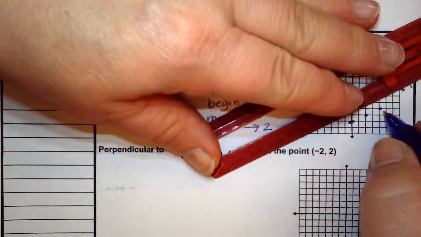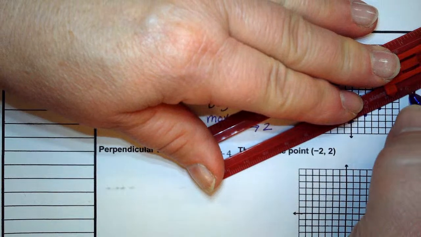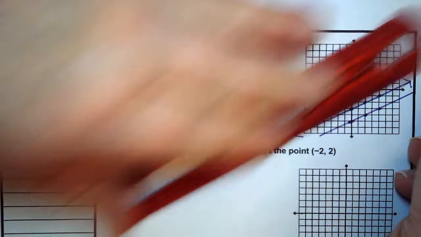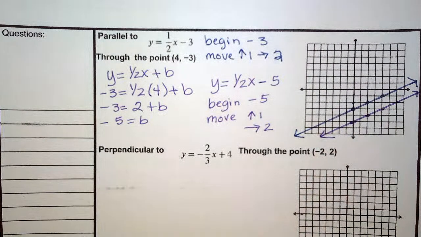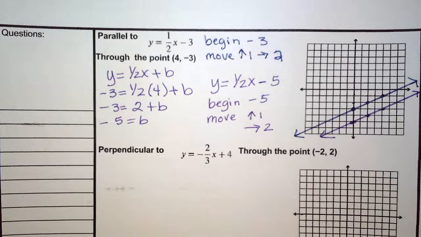These are really, really close together, and that's okay. Okay, this time we're going to do perpendicular. What does that look like?